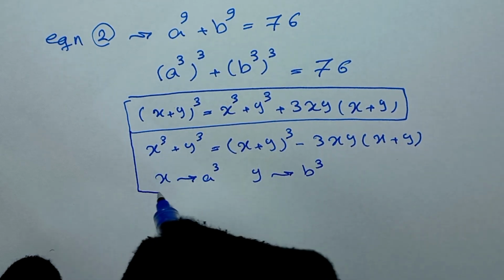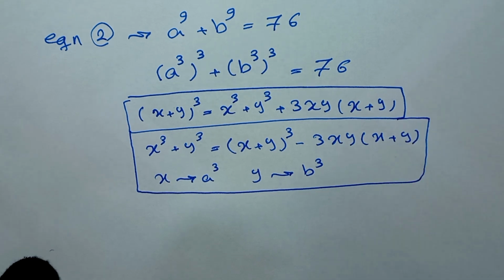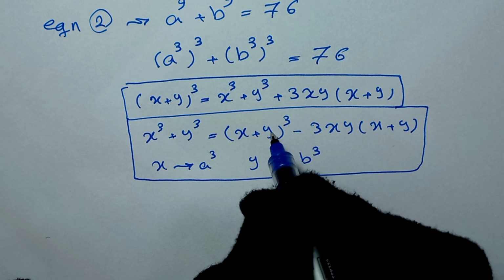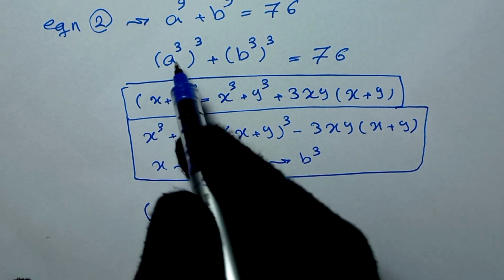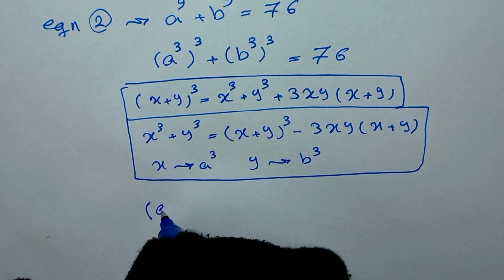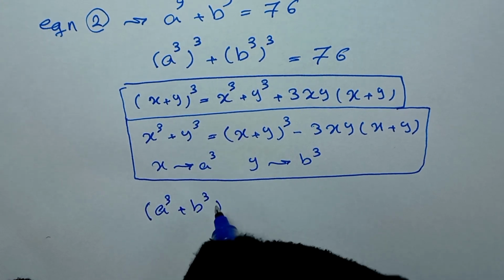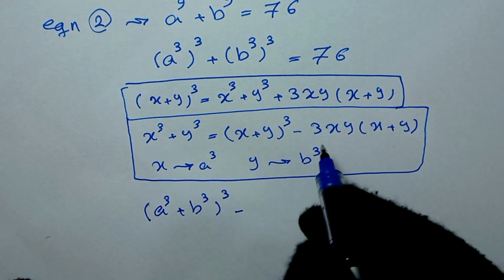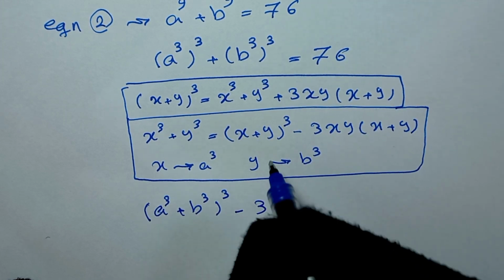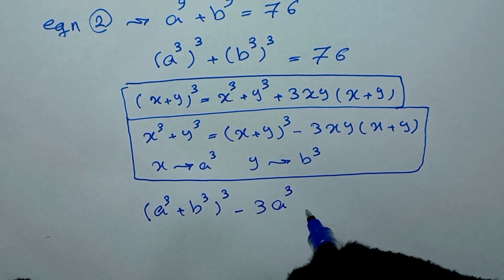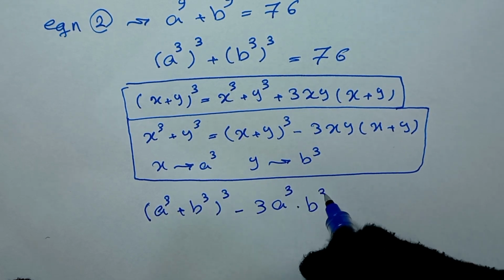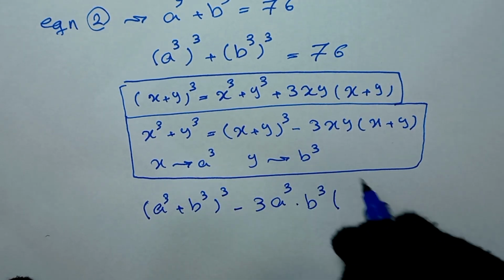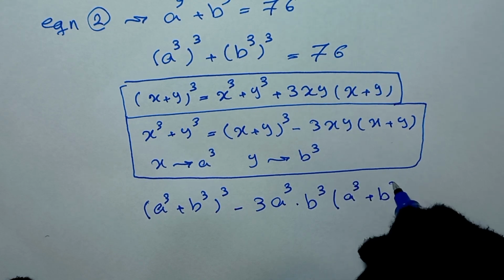So from here, we write x plus y to the power of 3 as a cube plus b cube to the power of 3, and minus 3xy, where x is a cube times y, where y is b cube, and times x plus y, which is a cube plus b cube.